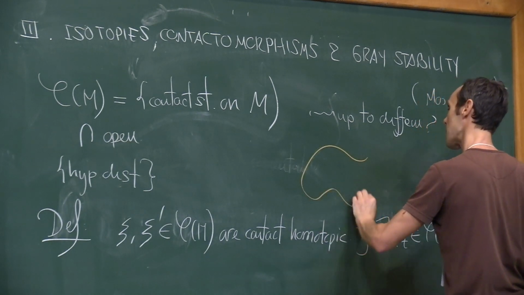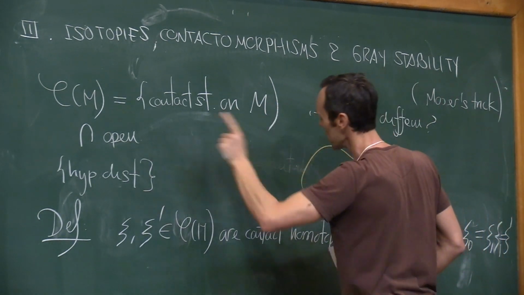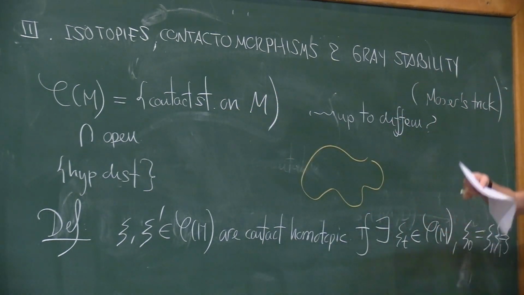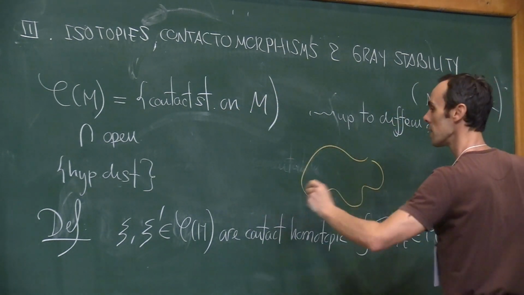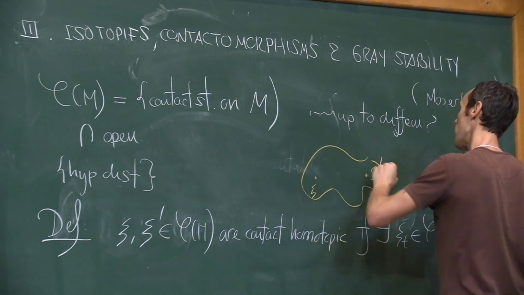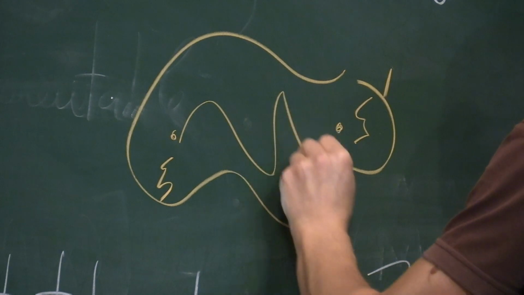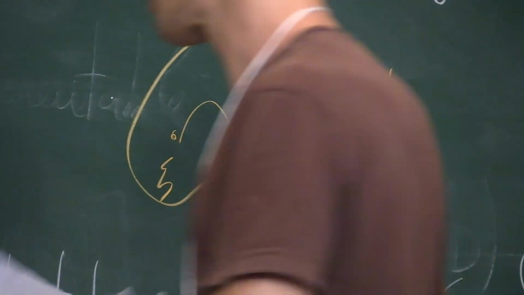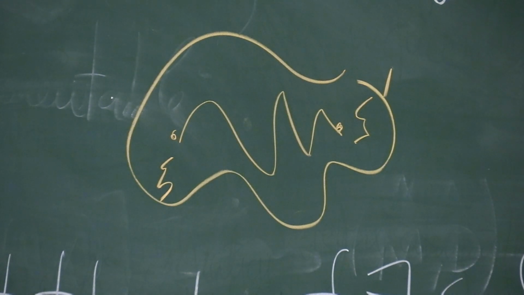So again, if this is a connected component of the open set of contact structures inside hyperplane distributions, this equivalence relation basically picks connected components. I want psi and psi prime to belong to the same connected component in that sense. So that's what one is looking at. There's a second definition.